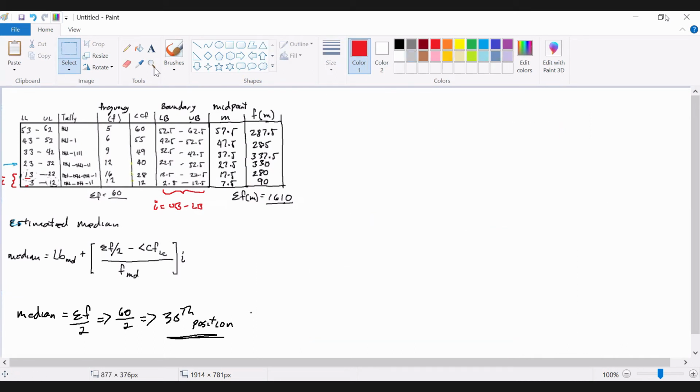So next, if we can estimate the mean, if we can estimate the median, then we can also estimate the mode. So that's part of central tendencies. Estimated mode. For estimated mode, we also use a formula similar to interpolation, but we are looking at a different part of the frequency table.